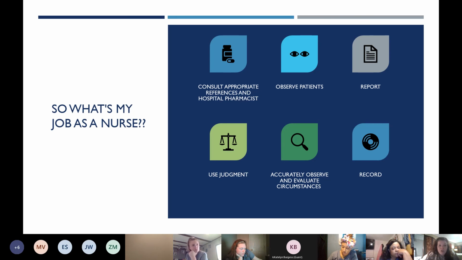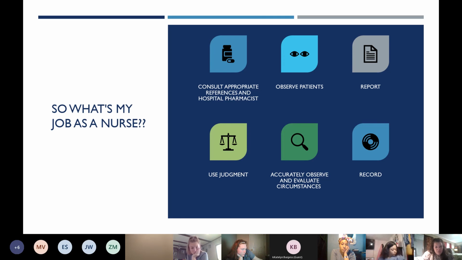All right, so what is your job as a nurse? Your job as a nurse is to consult appropriate references and the hospital pharmacist. If there is a question about something, you need to ask. If you're just not feeling right about it, if you feel like that dosage is way too high or way too low, or you know that they're not supposed to take it with XYZ, you need to go to your resources.